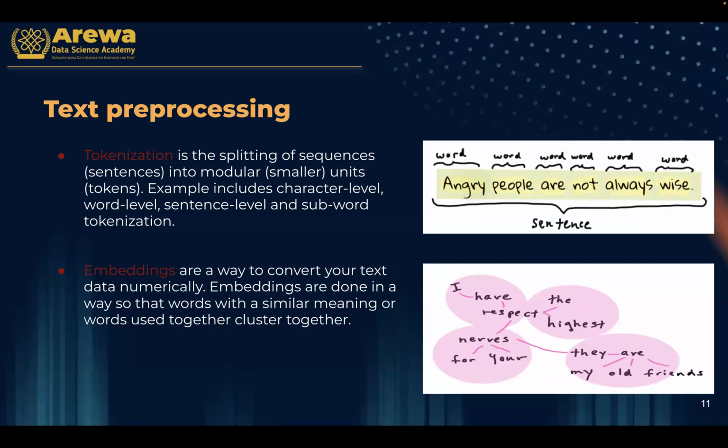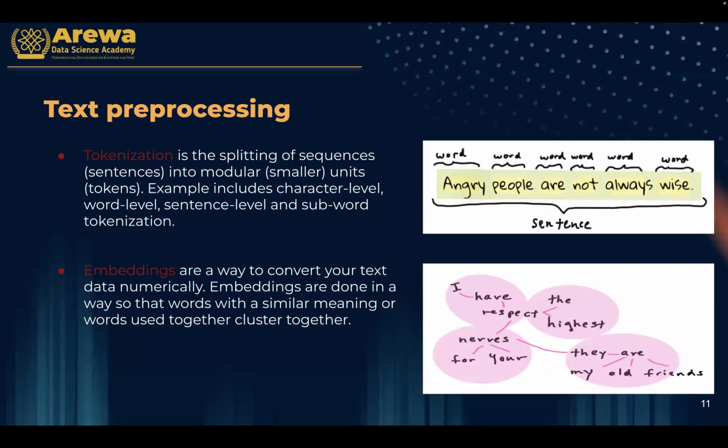Whether it's text, a picture, sound, or video, it is converted into numbers. Those numbers are computed in one way or another to give you another representation. You then convert that representation back into text so that it makes meaning, or into sound, images, another video, or the rest. So this is what we call embedding. Embeddings are a way of converting text data numerically.